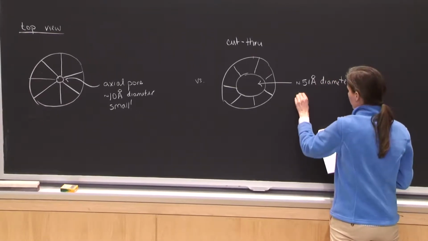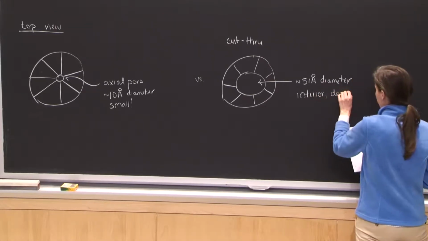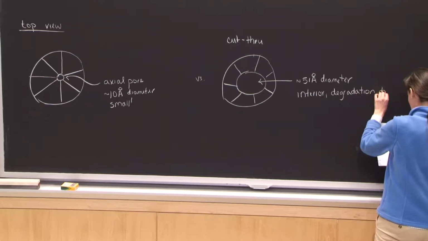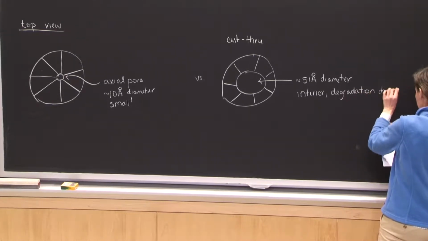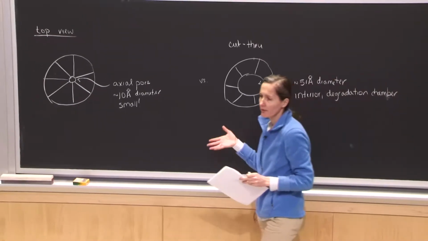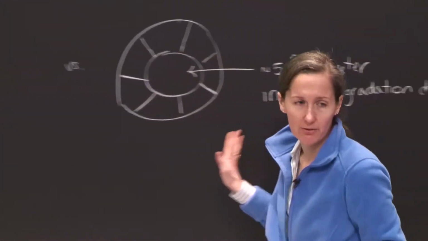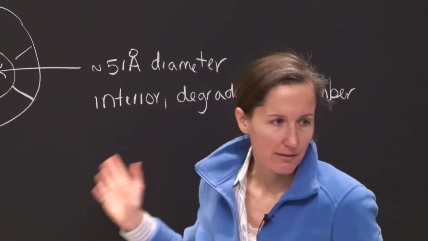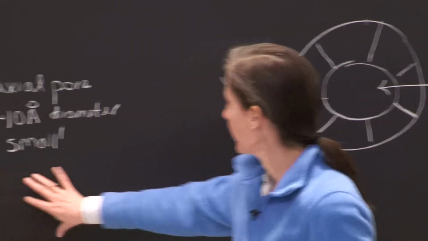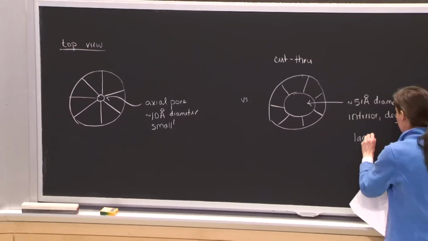So this is the interior degradation chamber. One question we're going to address as we move forward is how is it that a polypeptide gets through this hole into the degradation chamber that can accommodate a protein up to 70 kilodaltons? So small axial pore versus large degradation chamber here.